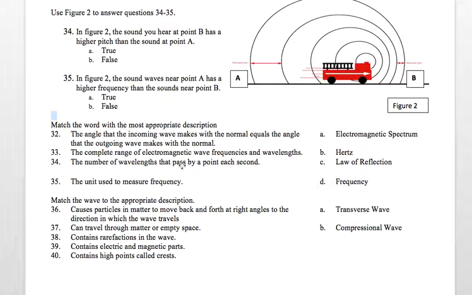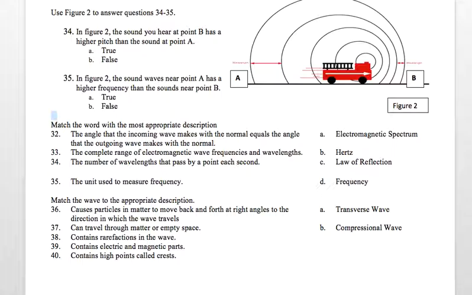Number 33. The complete range of electromagnetic wave frequencies and wavelengths. A, B, C, D, or A and B. 34. The number of wavelengths that must pass by a point each second. A, B, C, D, or A or B. 35. The unit used to measure frequency.